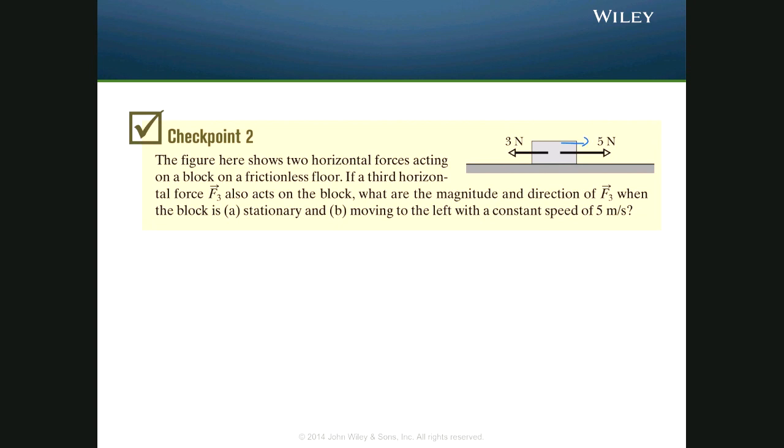The way to look at it is right now we have 5 minus 3 plus F3 equals 0. That's basically our equation.